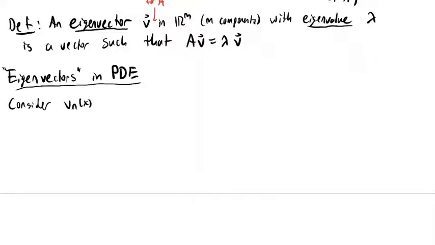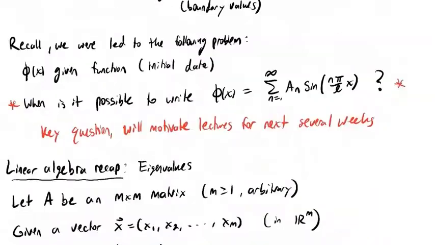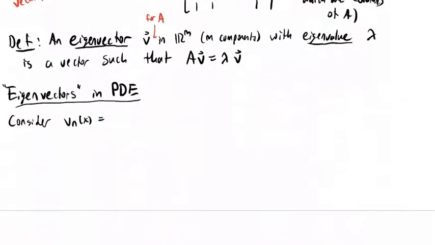Now, this is no longer a vector v, it's a function. And I'm going to choose this function sine of n pi over L x. And it's going to have the domain given by x between 0 and L.